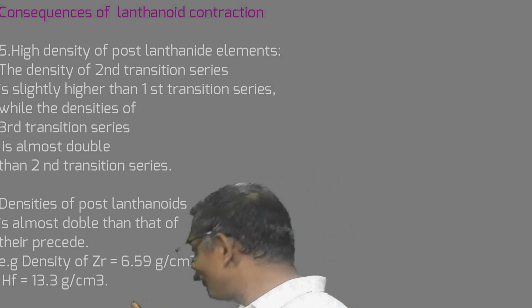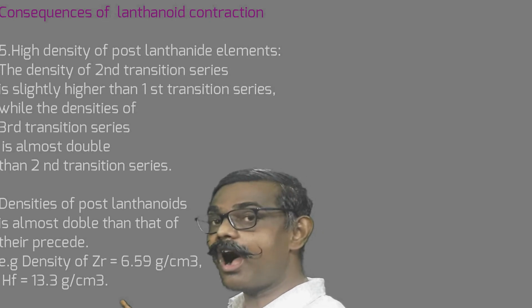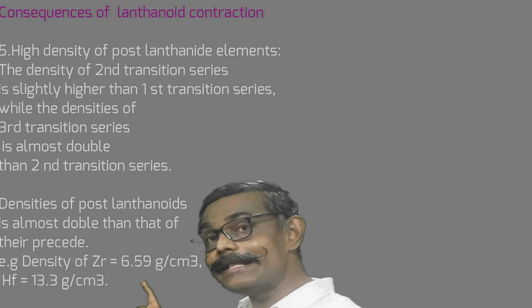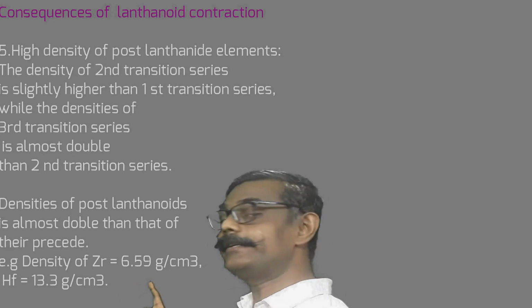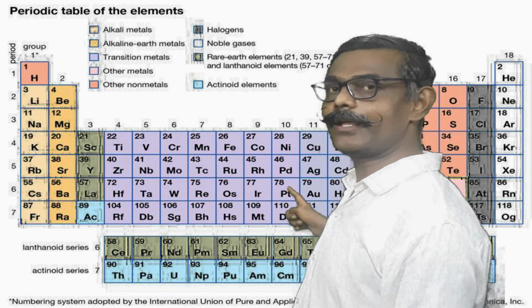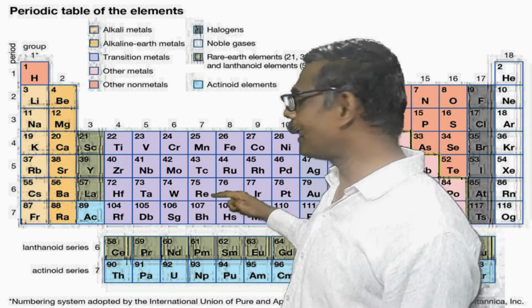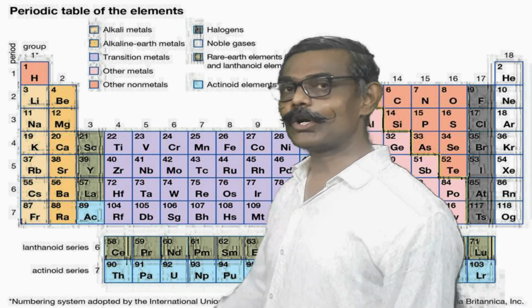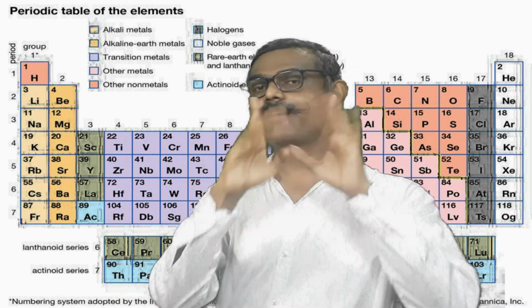If you see the element below, which is hafnium, this hafnium has a density of 13.3 gram per cubic centimeter, means near about 13. So here 6.5 and 13, almost double. That I wanted to say. The density of these post-lanthanoid elements is almost double that of their predecessors, the 4D series elements. It is because of lanthanoid contraction.